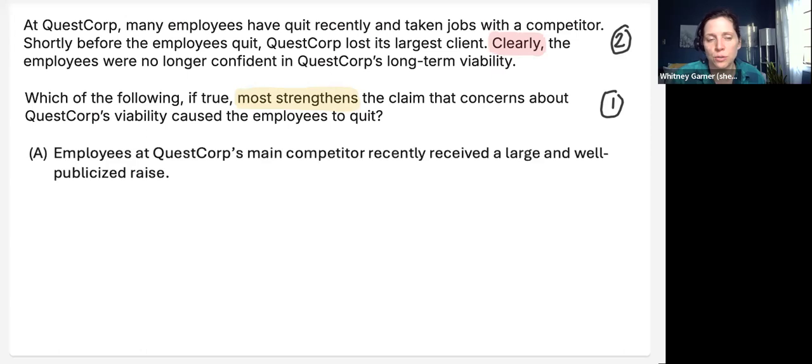I'd love to hear. I've only gotten 2 guesses on this one. I've got one doesn't matter. I've got one guess that it strengthens. Got a few more folks in the room. What do you think? You think it matters and it strengthens, it matters and it weakens, or it doesn't matter?